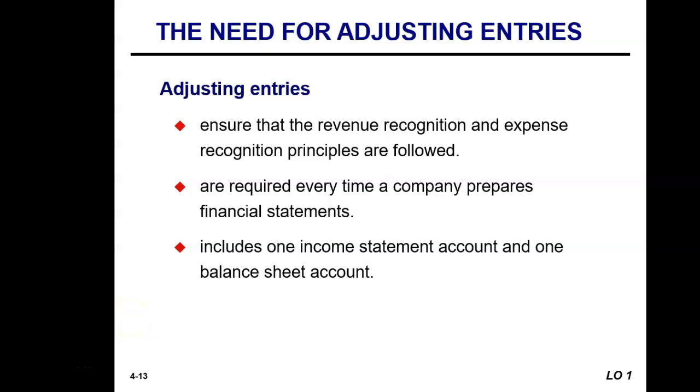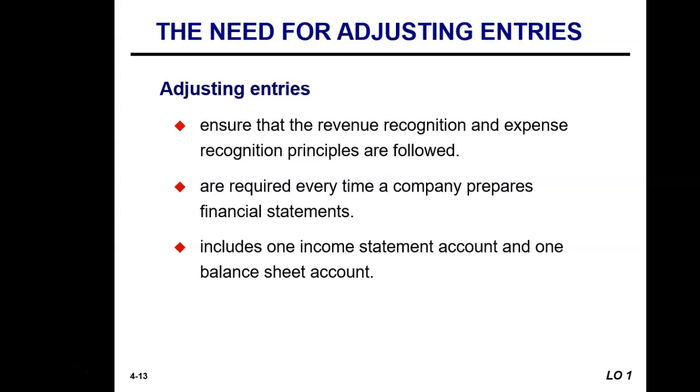Part two of our adjustment on the accrual accounting system. When you have an accrual accounting system, there is a need to make what's known as adjusting entries at the end of each accounting period.